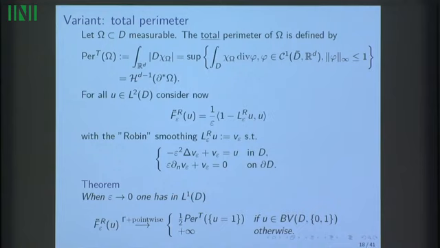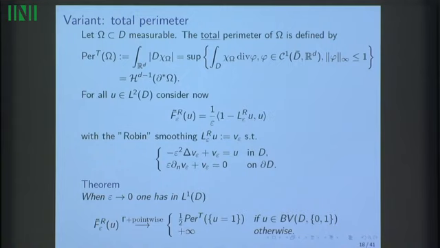And the thing we do is that we only replace L epsilon. This is L epsilon, but there was a Neumann boundary condition, and we replace it by this Robin boundary condition. That's why we write L epsilon R for Robin. And if we do that, we can prove in fact this result, this functional convergence, for the gamma convergence and the pointwise convergence.